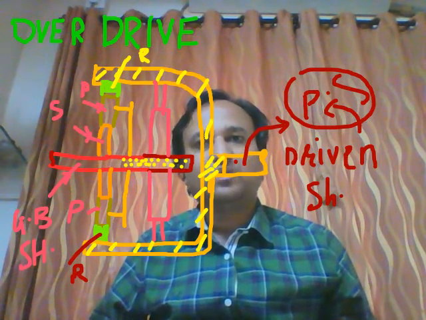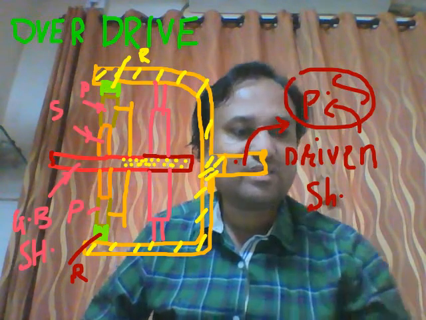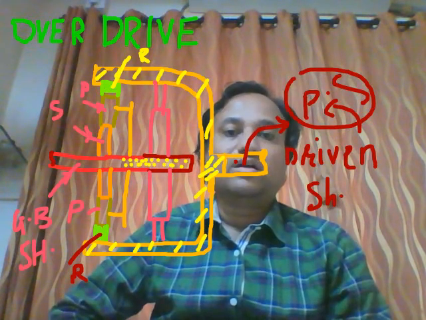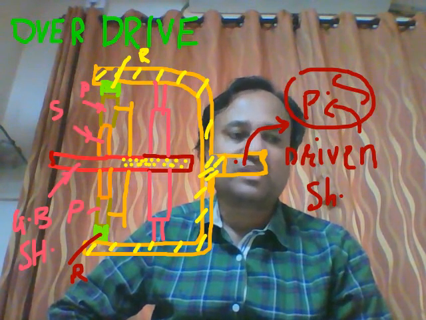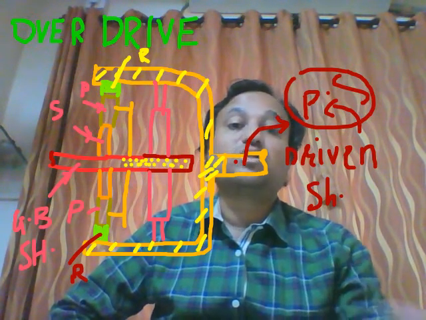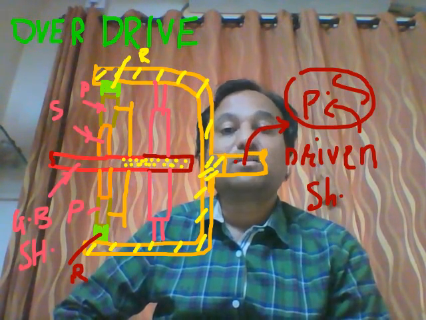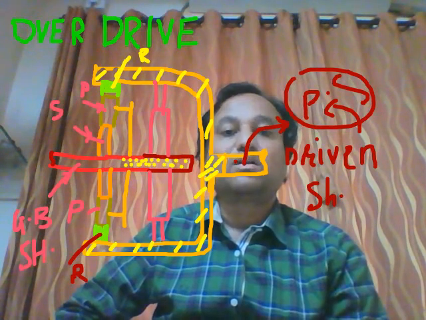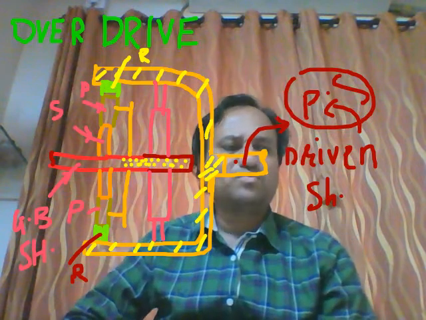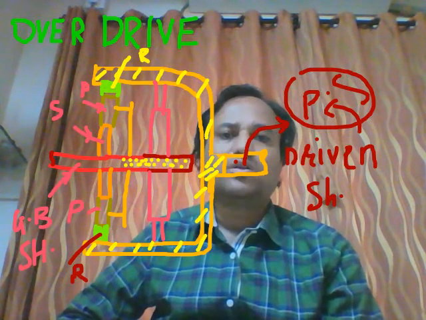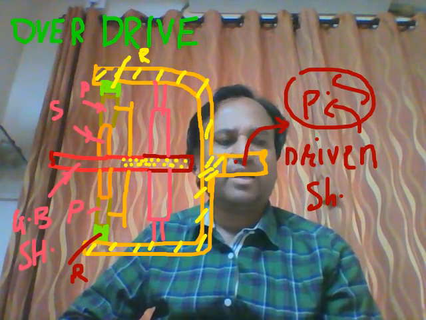If overdrive is installed, the main advantage is that the engine works at 70% of full load, so 30% saving of running time of engine, or you can say 30% saving in fuel consumption. So overdrive is employed generally in advanced cars.